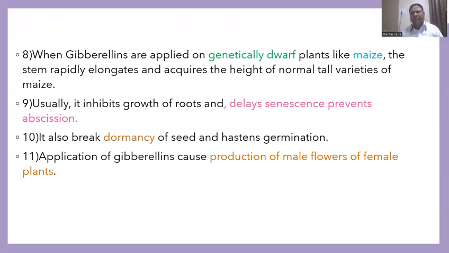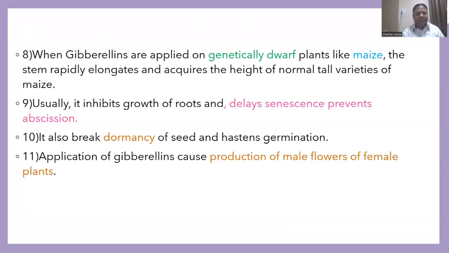Means suppose the maize variety is very dwarf, but when we spray the gibberellin on the dwarf maize plant, it increases the height of the plant. Means gibberellin makes the genetically dwarf plant phenotypically tall by the application of gibberellin.